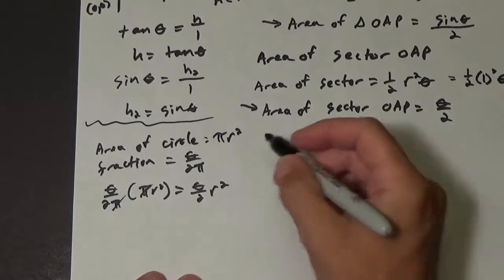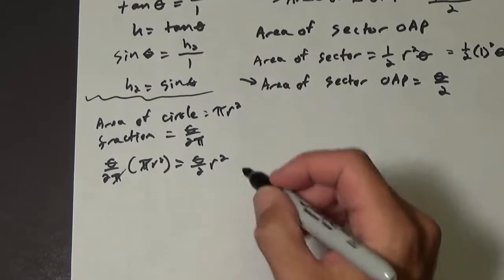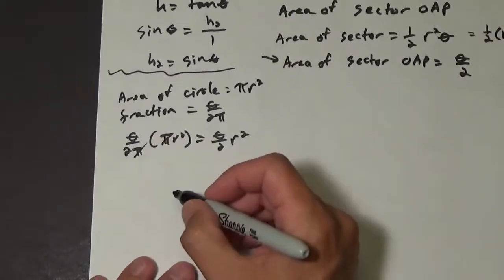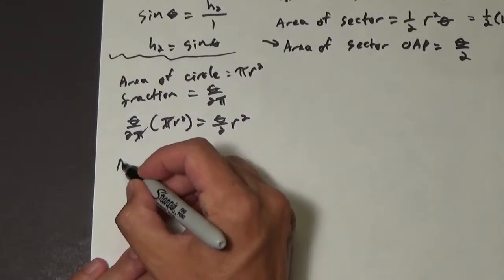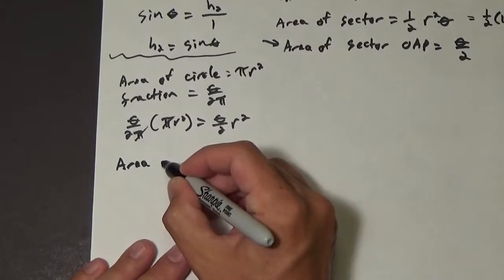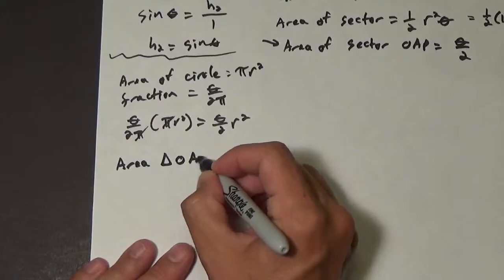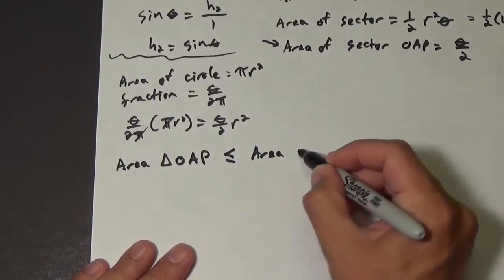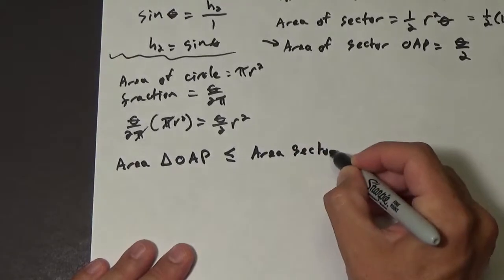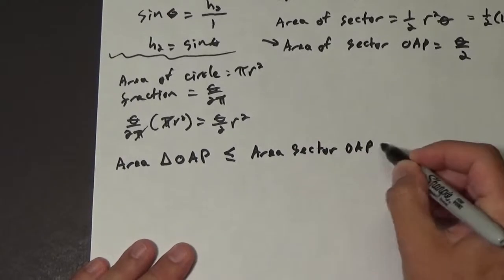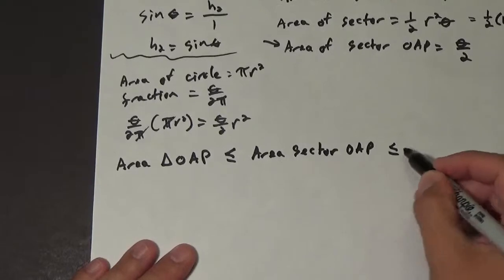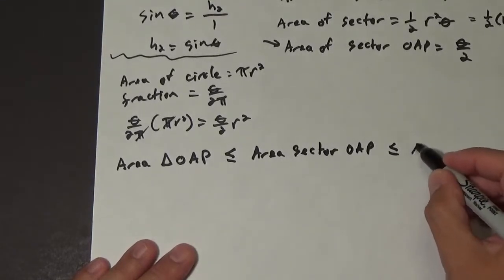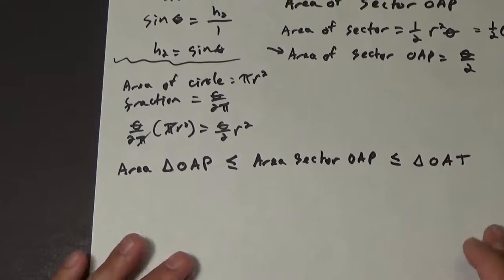We know that the area of triangle OAP will always be less than or equal to the area of sector OAP, which will always be less than or equal to triangle OAT.